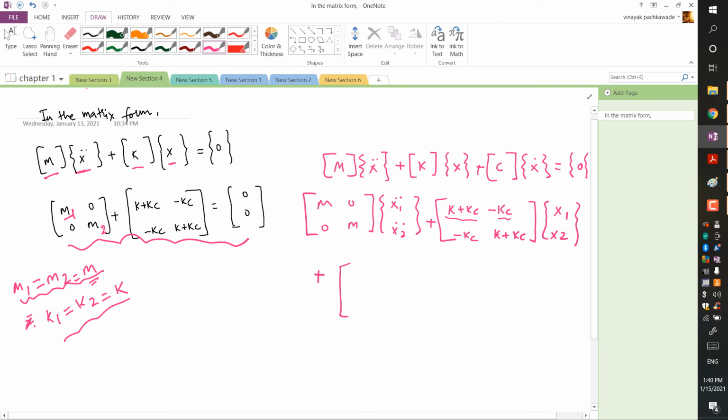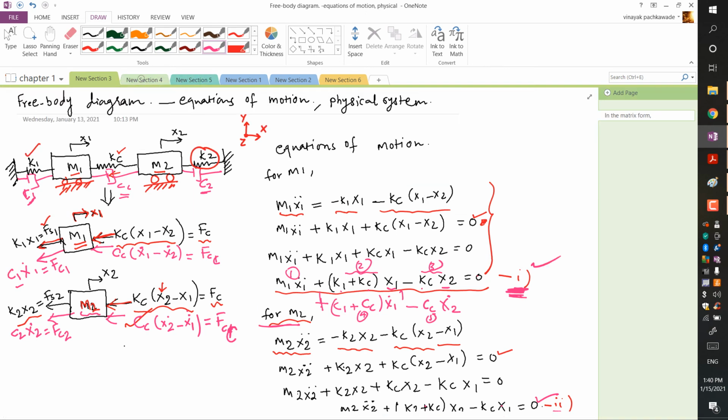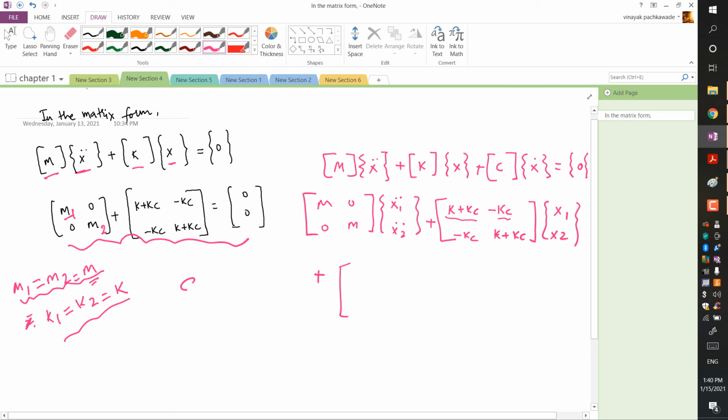Similarly for the friction forces, let us focus on equation number 1. The coefficient of x1 dot is c1 plus cc. In this case we also assume c1 is equal to c2 is equal to cc, and that equals c. That's an assumption, but it depends on what you want to write.